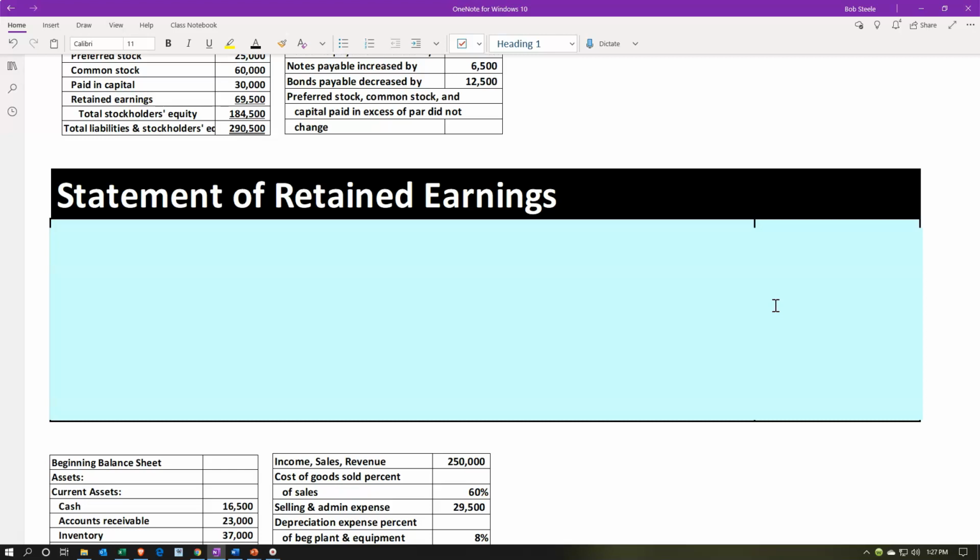Now, the retained earnings, remember, is part of equity on the balance sheet. If you think about the accounting equation, assets equal liabilities plus equity, or assets minus liabilities equals equity, equity then is the owners' claim to the assets of the company, as opposed to the claim of third parties to the assets of the company, which would be the liabilities.